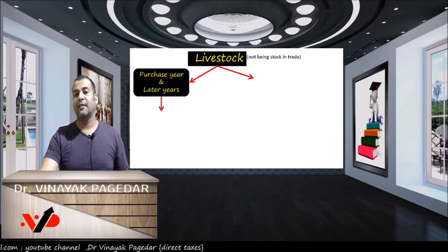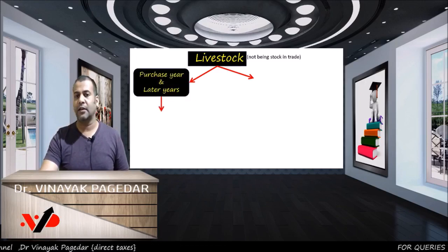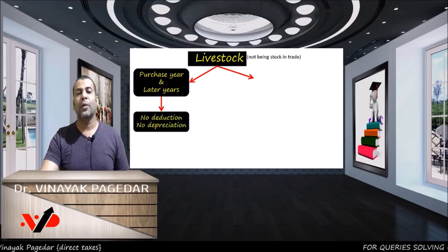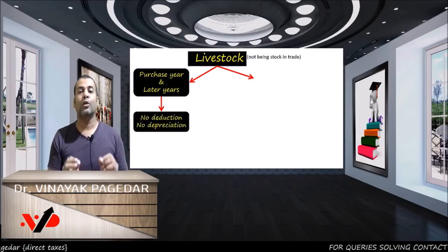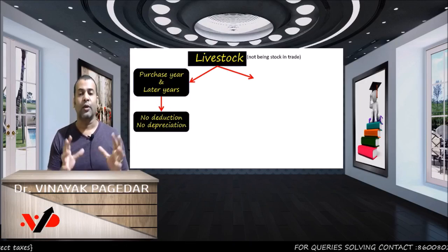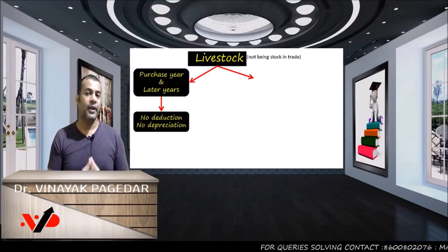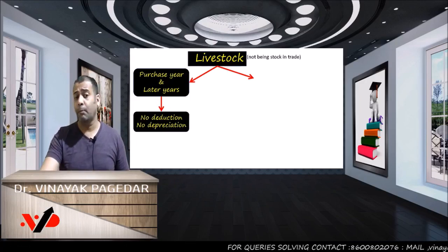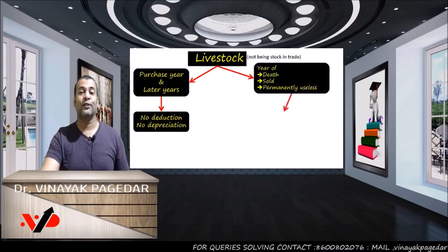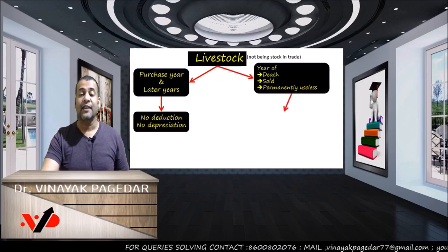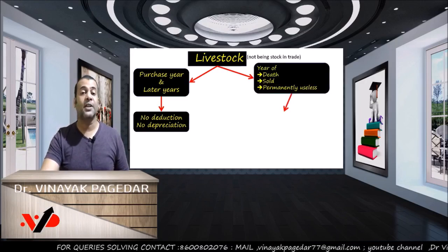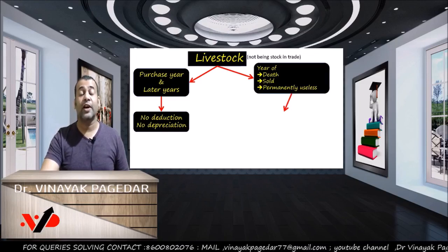Remember my friends, in the purchase year, when you purchase the livestock which is a fixed asset, or in any later year, there will be no particular deduction or depreciation also. Reasons are obvious, which we have already discussed. But the deduction will be available in the year in which the animal dies, the animal is sold, or the animal becomes permanently useless, like most of us.